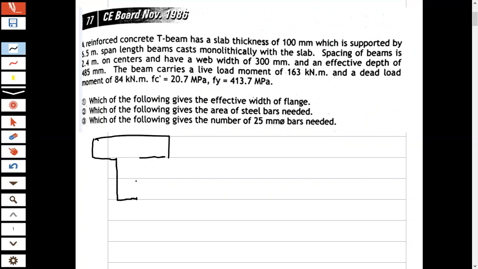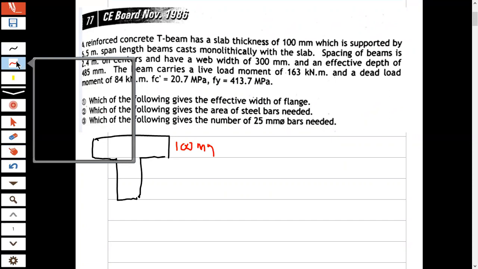So according to the problem, this one is 100 millimeters thick, and then spacing of beam is 2.4 meters center to center, and the width of the web, this one is 300 millimeters. So obviously our reinforcement is coming here.